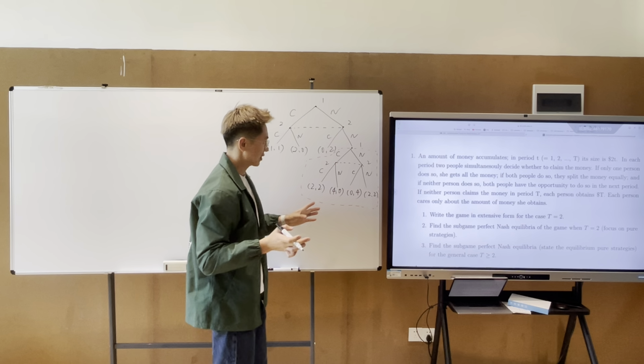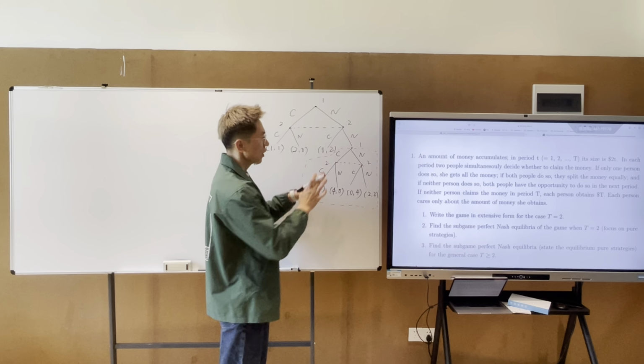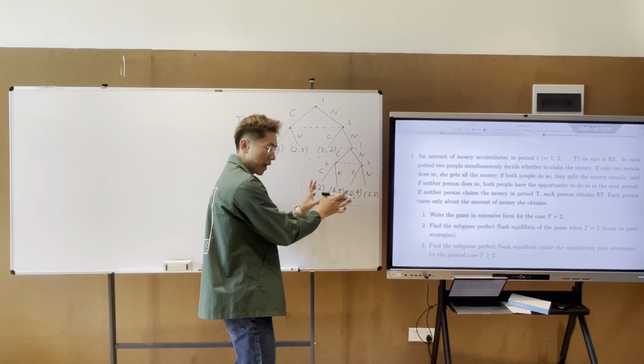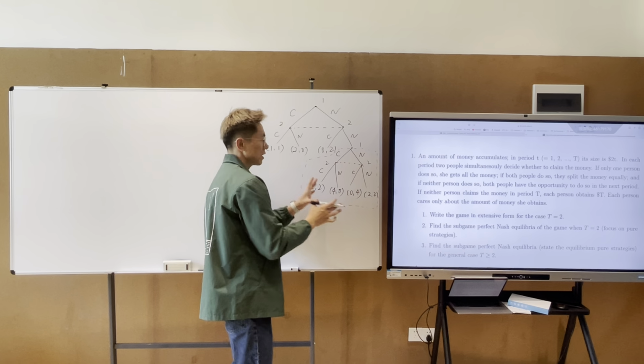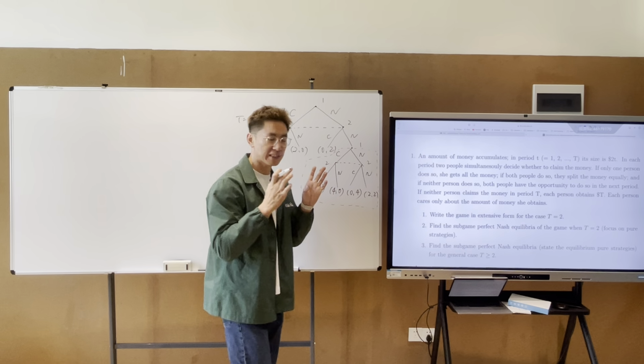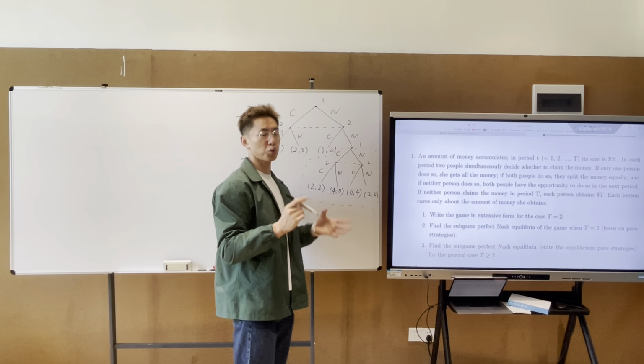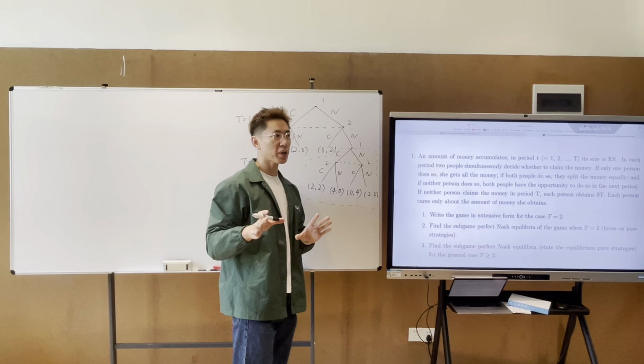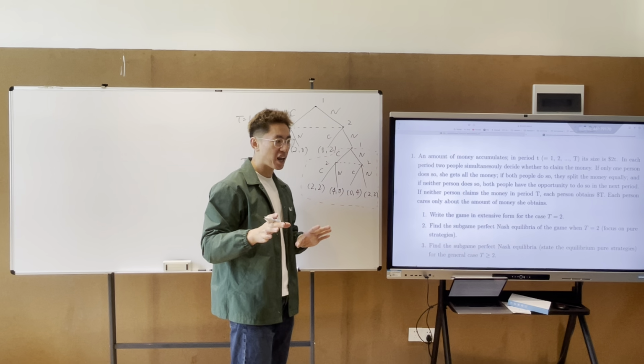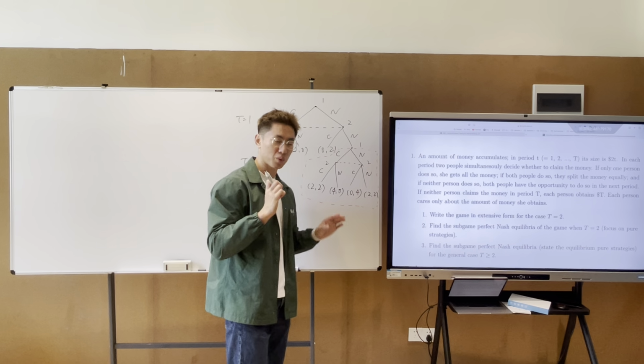In the course, we know that an imperfect information game is basically a kind of strategic form game. Why? Because they make the choice simultaneously, and each player is not aware of the choice of the other player. So you can assume that you are playing a paper, scissors, stone game.